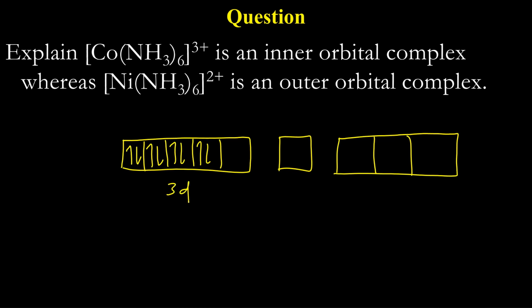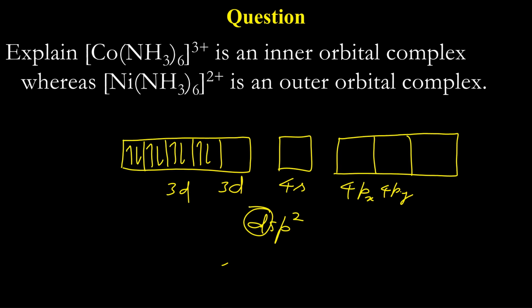So this is say 3d. You use d of 3, and you use this 4s, and p of this one, 4px, 4py. This is 3d, so it is dsp2, for example. Because here d is of inner shell, it is an inner complex.